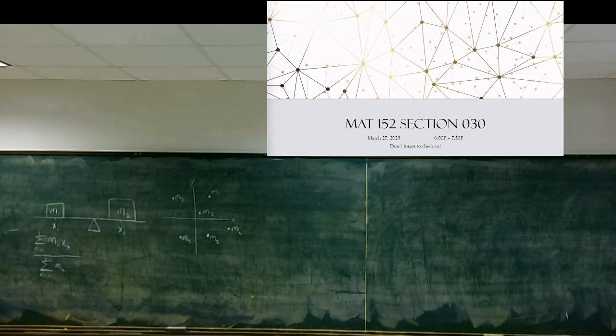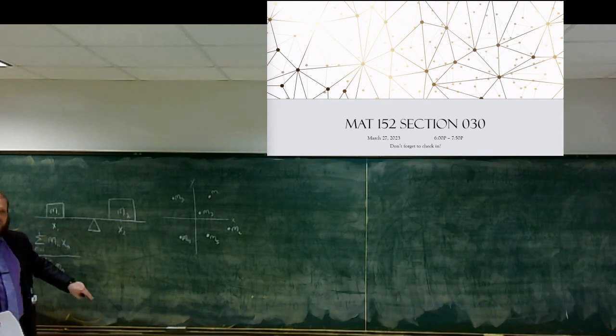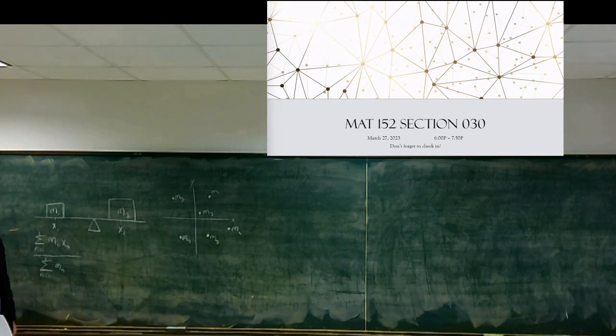You take the sum of the mass times its location. Right, so in this case, m1x1 plus m2x2, and then divide by the total mass m1 plus m2. That would be the point where the center of mass is located.